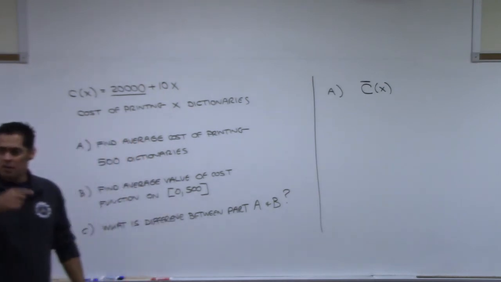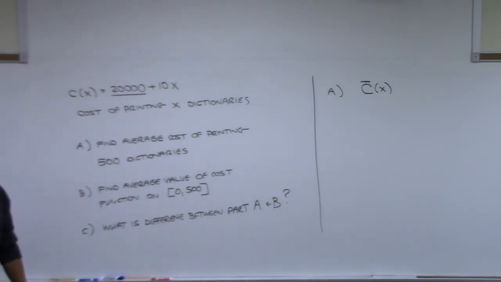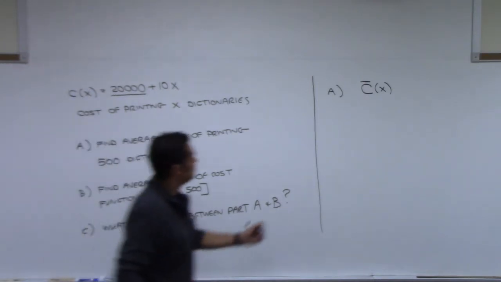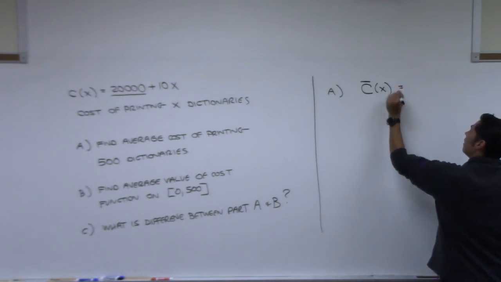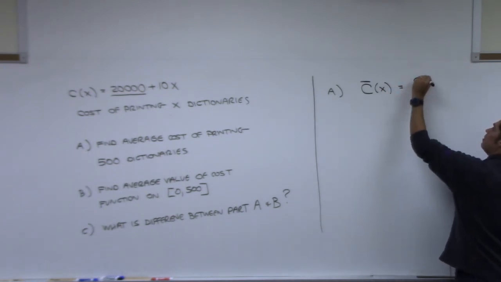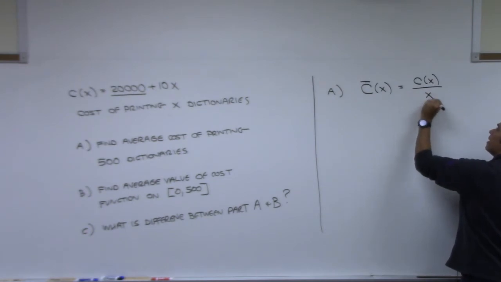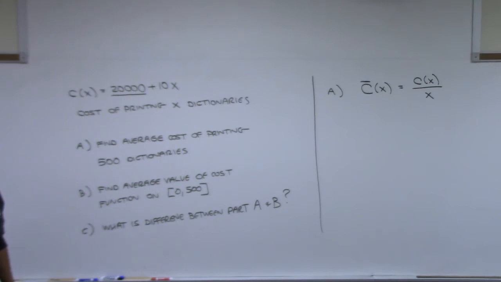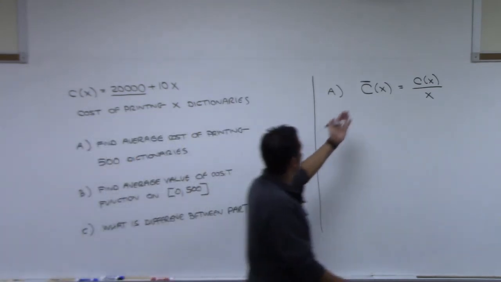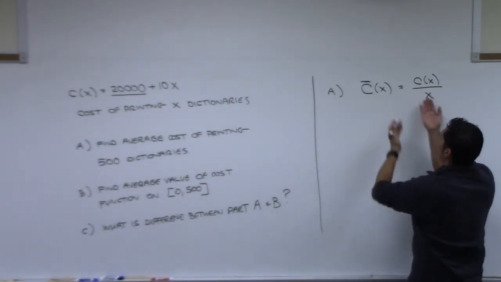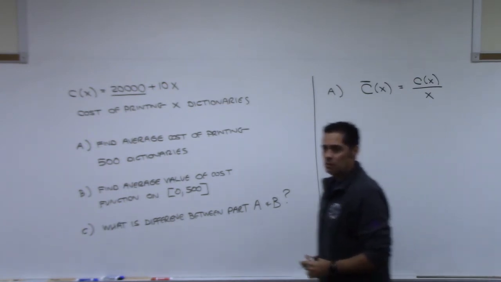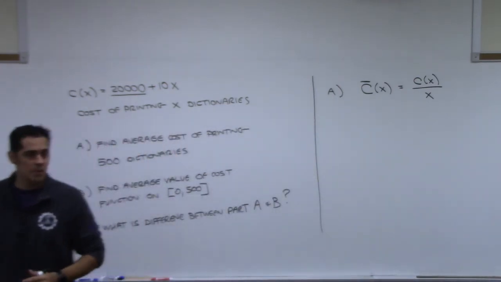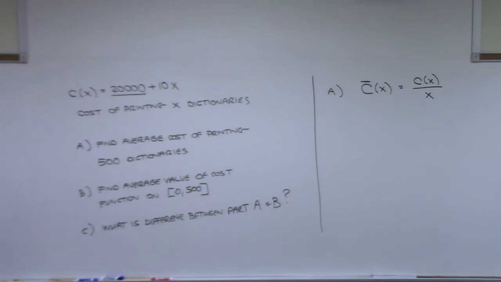The capital C with the bar on top of it is the average cost function, and all it is is the cost function divided by x. So don't let that notation scare you. It's just that function divided by x. All right? So, what's that?